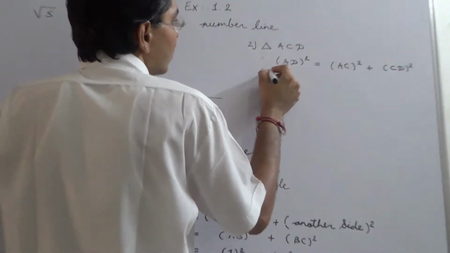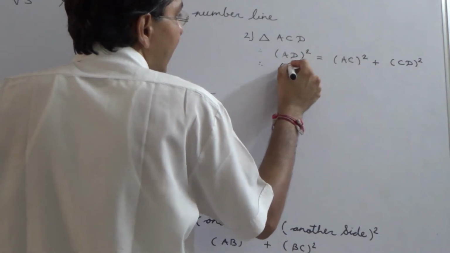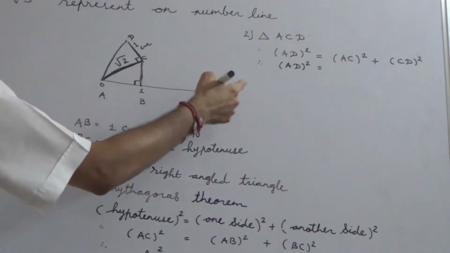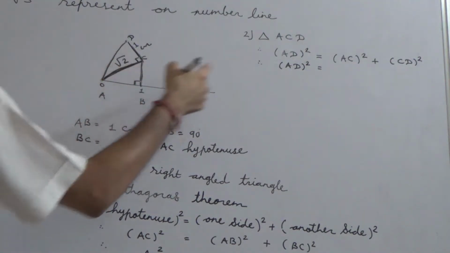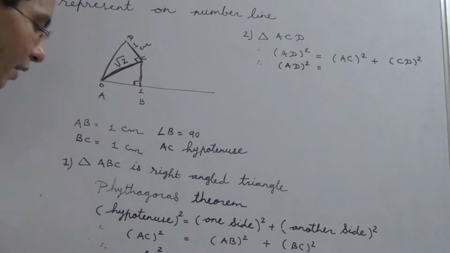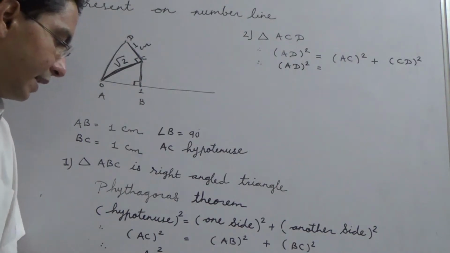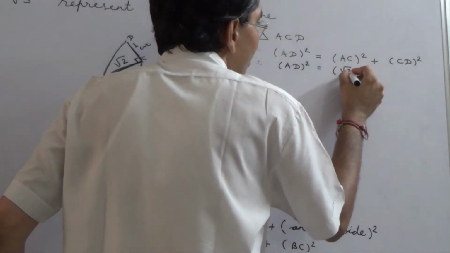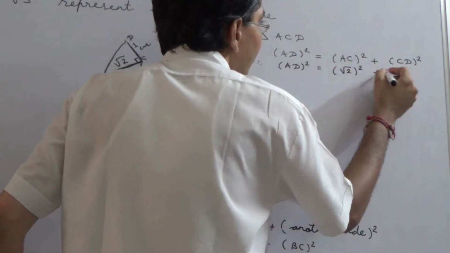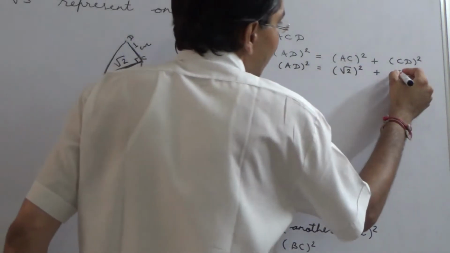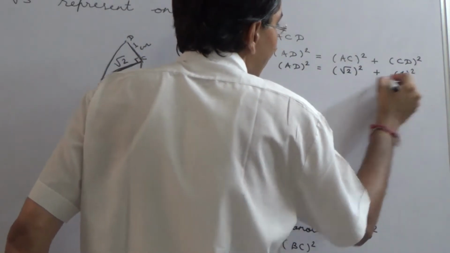So AD square we don't know, so we put AD square here, and AC is square root 2, so put square root 2 whole square plus CD. If I consider CD as 1 centimeter, put 1 square.